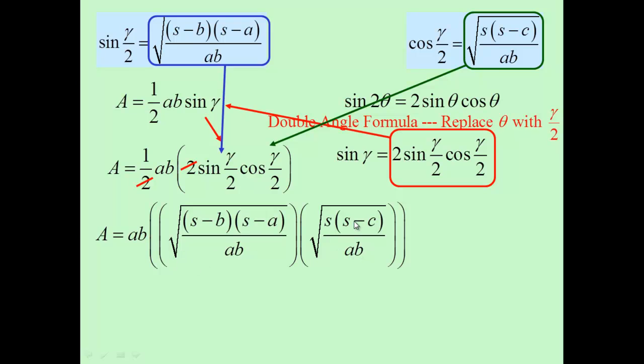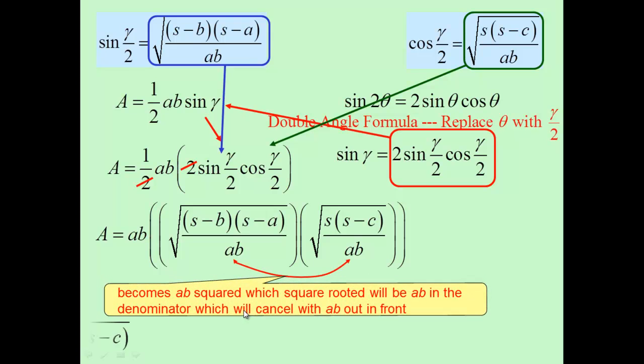Underneath the square root, those squareds would come out as ab, which will cancel the ab that's out in front, leaving me with this. This is actually going to be your area formula when you know the three sides.